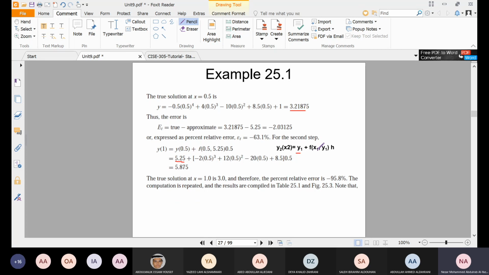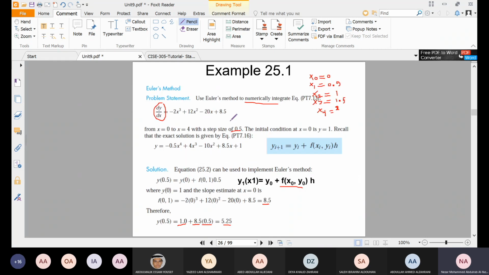After that, we substitute the values of x1 and y1 in the equation that we have. This is the ODE, the equation that we substitute to find the value of the slope. At the beginning, just type it. This is f of x and y.